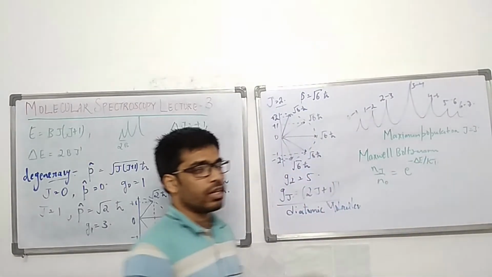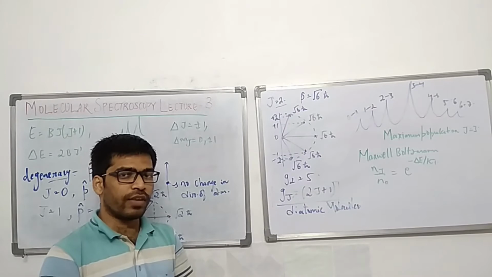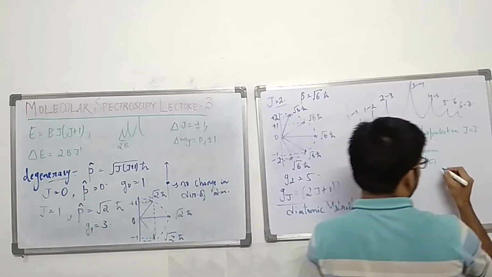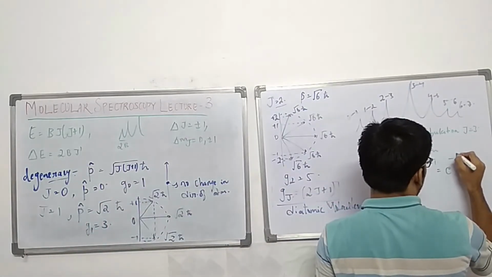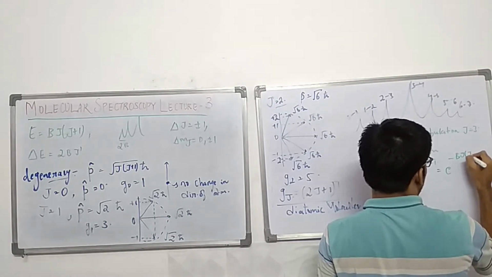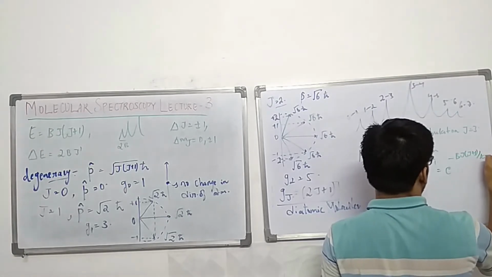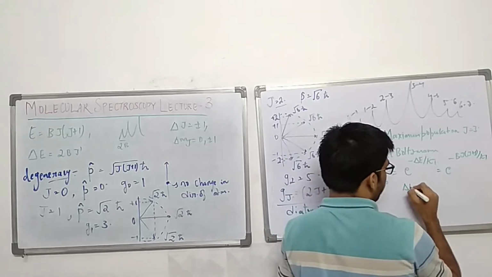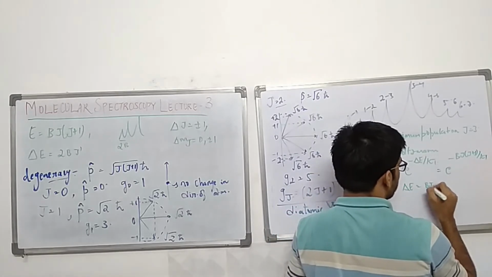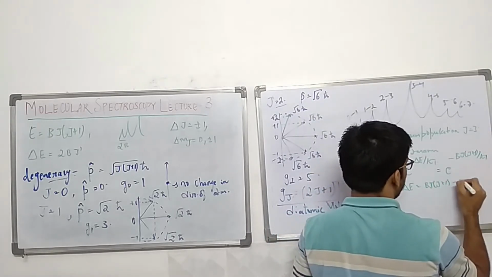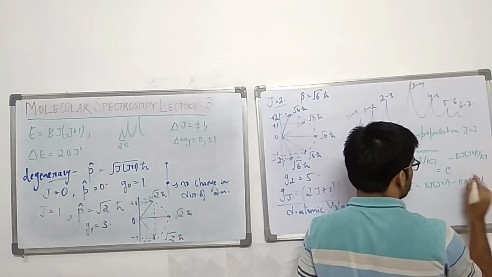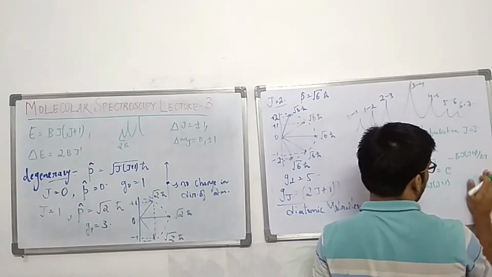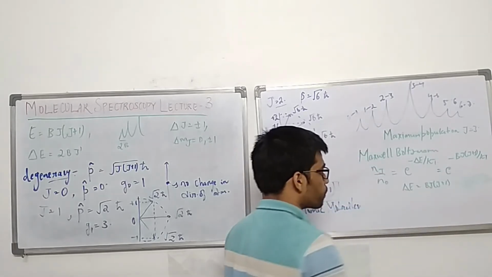Now the energy of the 0th rotational level is 0. So I can also write this as e to the power minus B j into j plus 1 by kT. This essentially should have been B j into j plus 1 minus B 0 into 0 plus 1. This part is gone. So that's why I have only written this part.